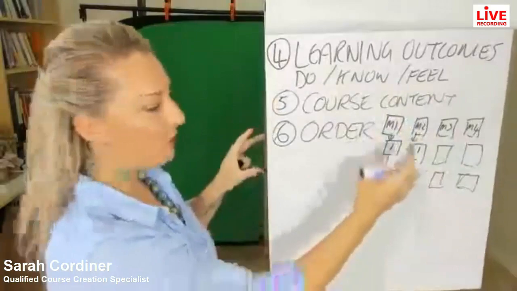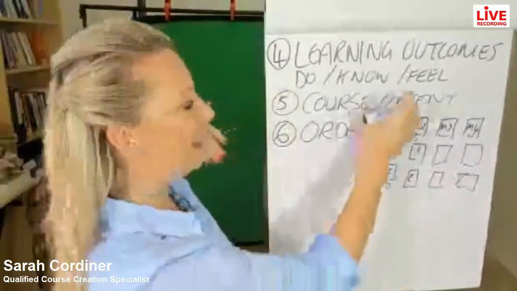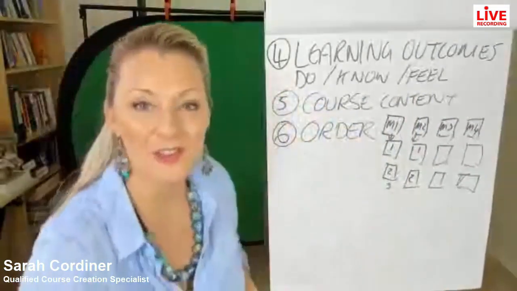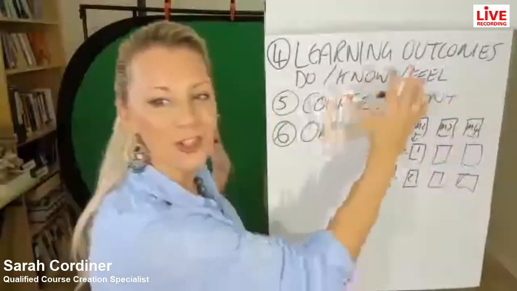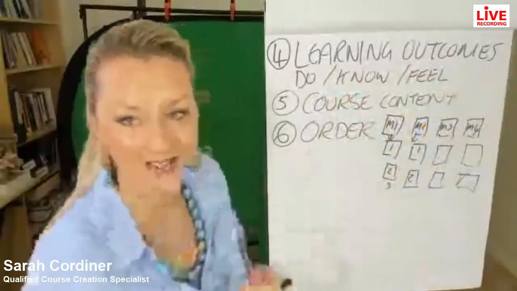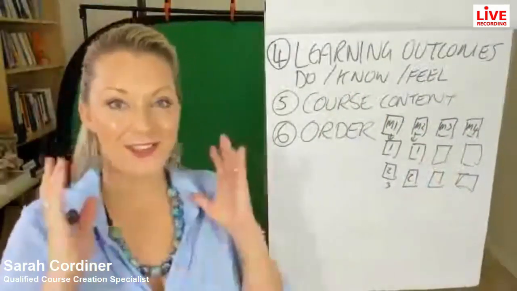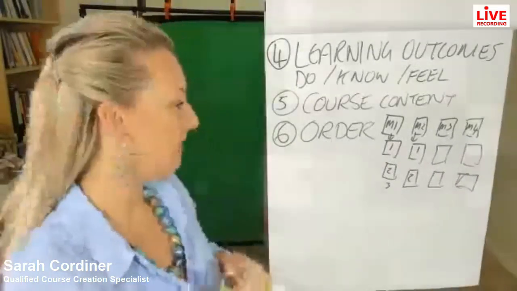So now you just start moving all your post-it notes around on the wall so that you have your modules, and then you start putting the tips in the order that you think is the most logical flow. So on your wall, you should, by the end of step 6 exercise, have this kind of structure laid out so that you can really easily now go and get this course put together.